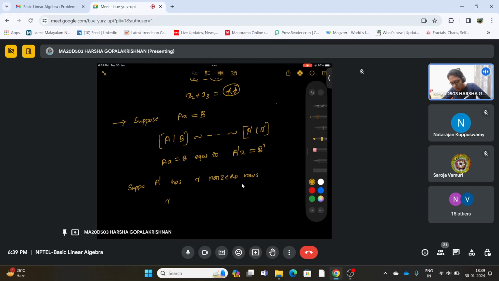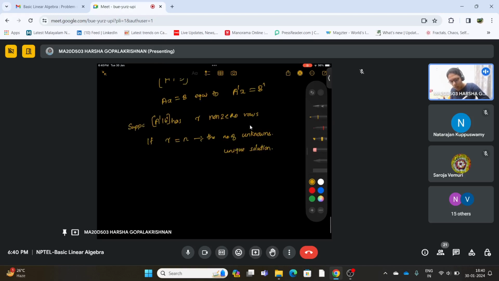If R equals n, the number of unknowns, that is, the number of non-zero rows equals the number of unknowns or number of columns, then in that case we will have a unique solution.